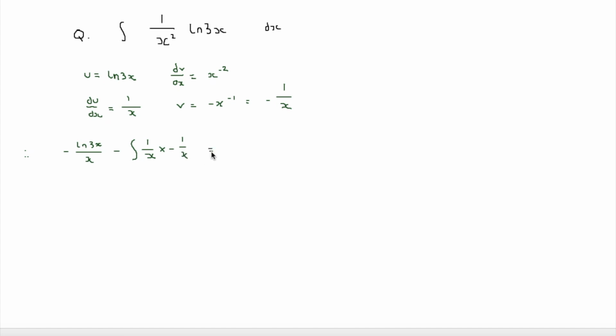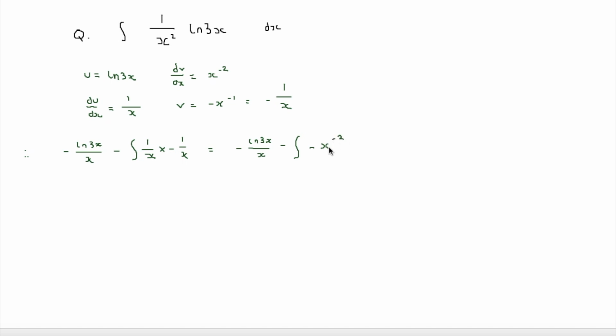That is therefore equal to minus ln 3x over x, and then minusing that is going to be minus the integral of minus 1 over x squared. That can also be minus x to the minus 2.